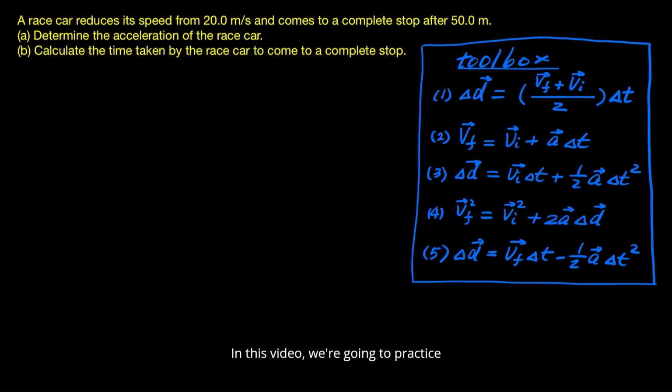In this video, we're going to practice solving a kinematic problem using the formulas in the toolbox. We know that in kinematics, there are 5 key variables. They are the displacement, delta d, the initial velocity, vi, the final velocity, vf, acceleration, a, and the time, delta t.